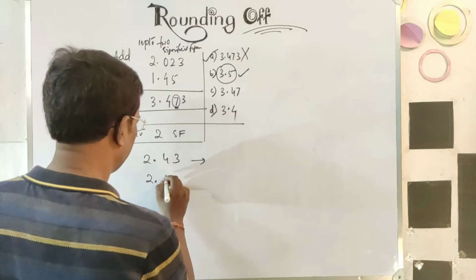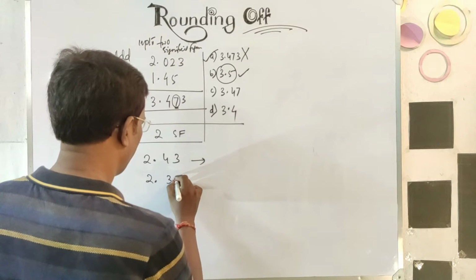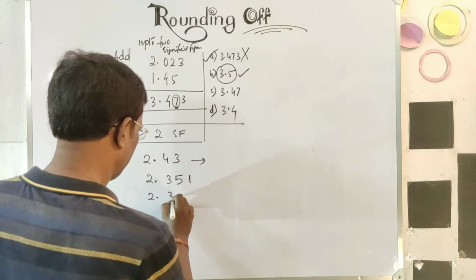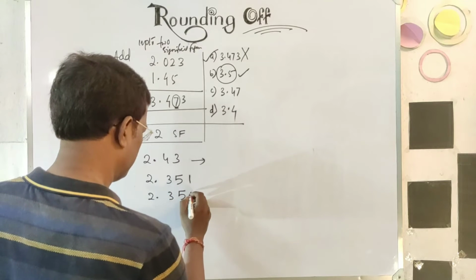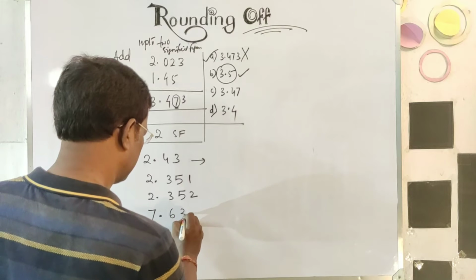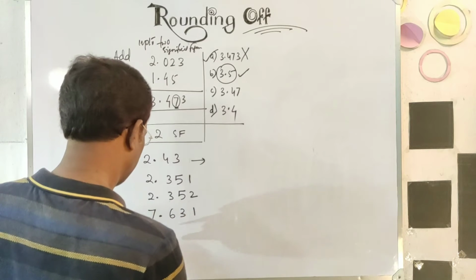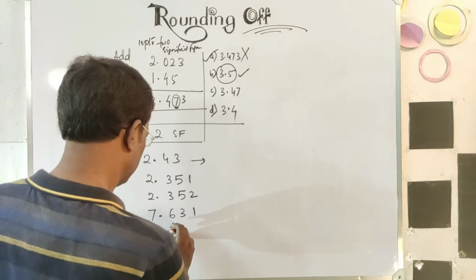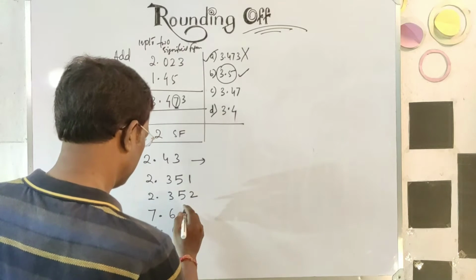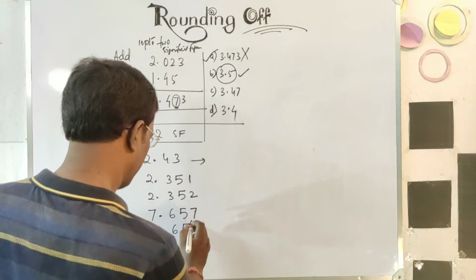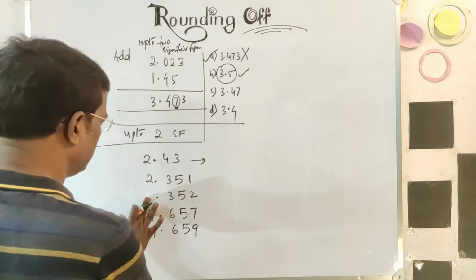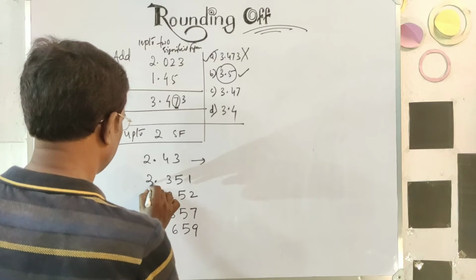Any number you take: 2.351, 2.352, 7.631, 7.65, let's take 757 and 759. Random numbers, you pick up any number. Let's say this one is 4, this one is 3.